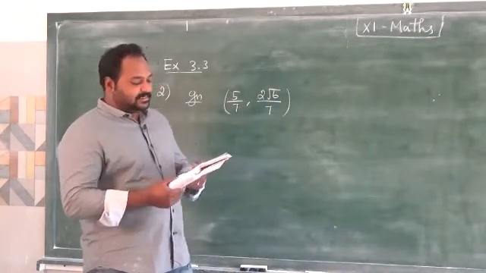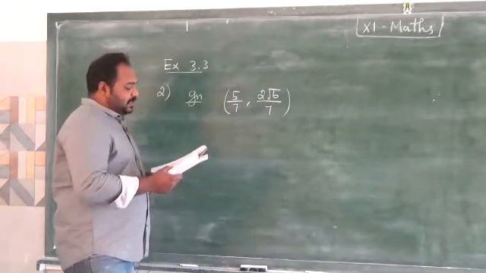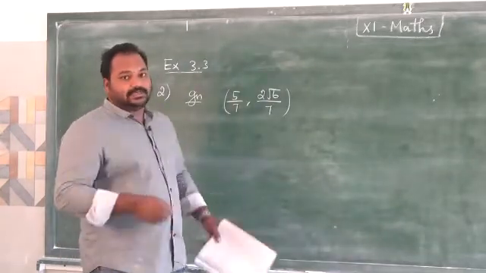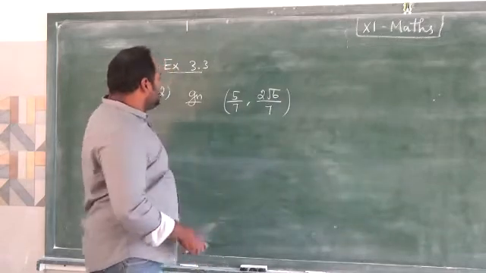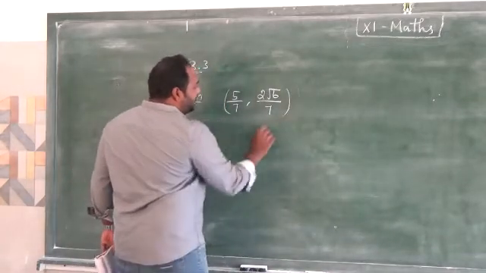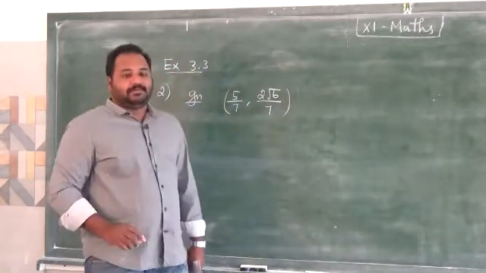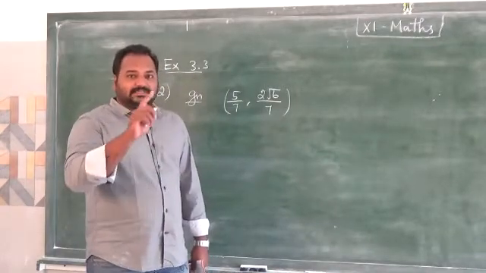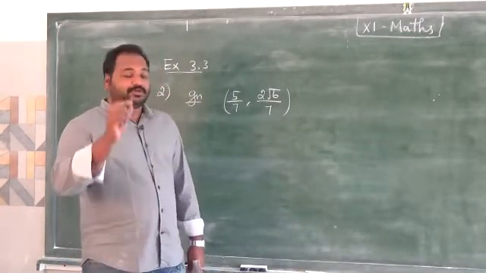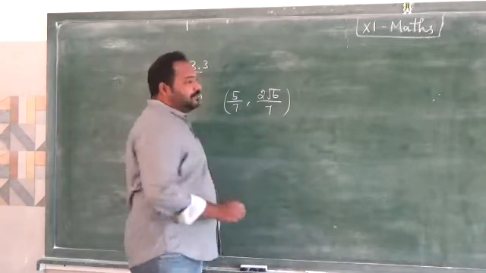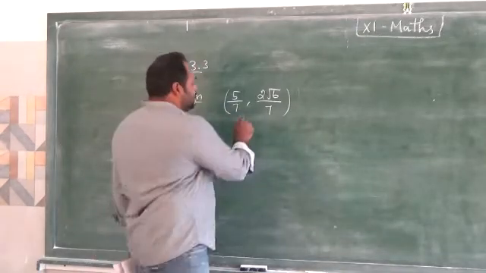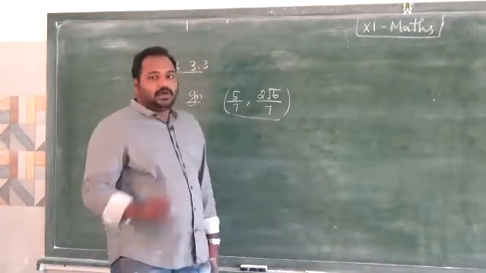Determine the 6 trigonometry function values of angle theta. See here, actually the terminal point is given. So using this point I am going to find out all the 6 trigonometry ratios with respect to theta value.